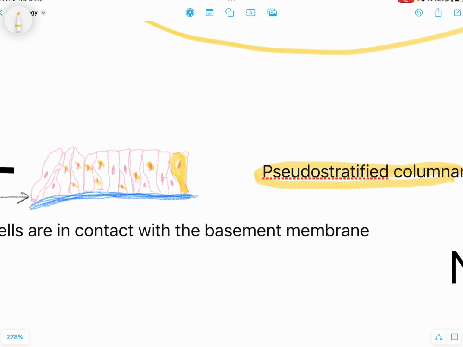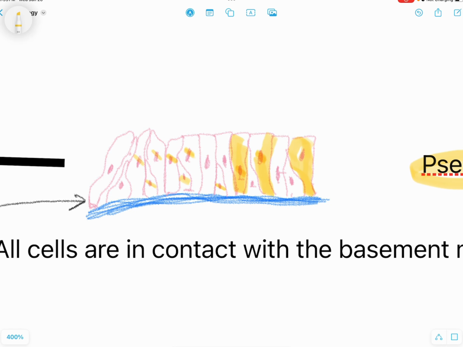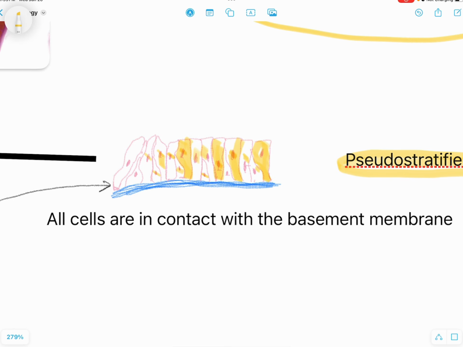But if we look very carefully, what we'll see is all of these cells touch the basement membrane. Let's zoom in so we can really see that. So no matter what, all the cells are touching the basement membrane, and all these are the cells that are part of the pseudostratified tissue. It's not stratified. It looks like it, so it's pseudostratified.